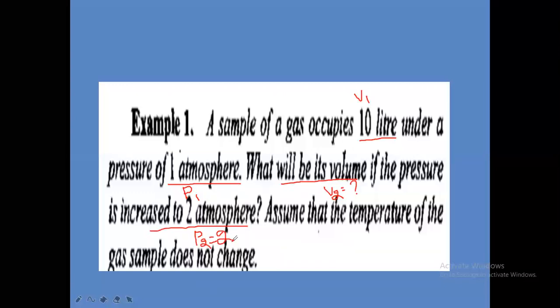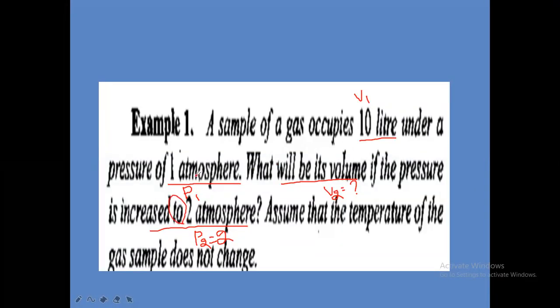Now one important thing to understand is that sometimes they say the pressure is increased by 2 atmospheres. If they say increased by 2 atmospheres, then the initial P1 of 1 atmosphere plus this 2 atmospheres added, 1 plus 2, means we take P2 as 3 atm.